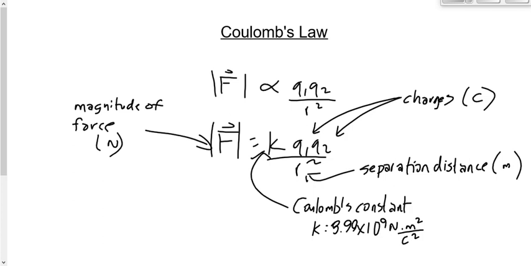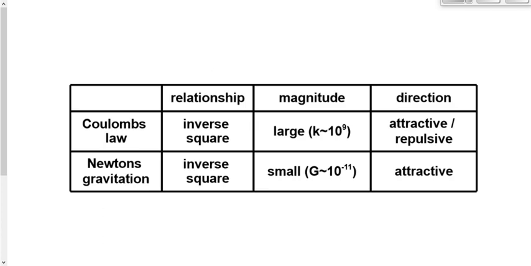Do you remember from yesterday which one's a bigger force? Which one's the bigger force, electricity or gravity? Electricity. Yeah, electricity is the bigger force. Just got a little summary here of the comparison of these two forces. The relationship we just said, it's an inverse square relationship in both cases.